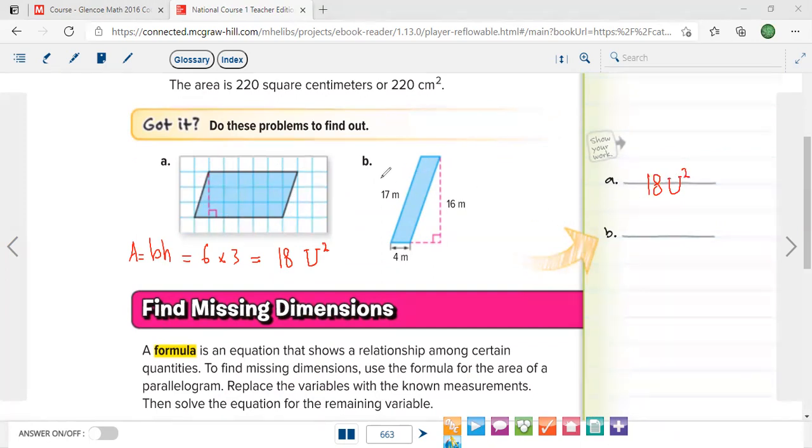Now in problem B, it's clear that the base is 4 and the height is 16, so 17 is extra information. So here also we are going to say area equals base times height. So 4 multiplied by 16 will give you 64.